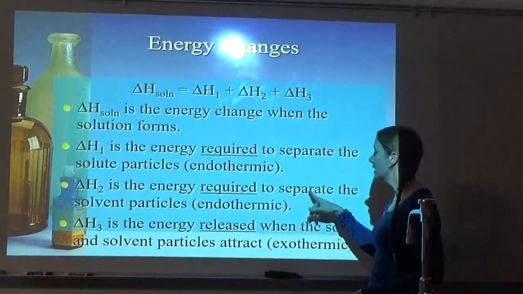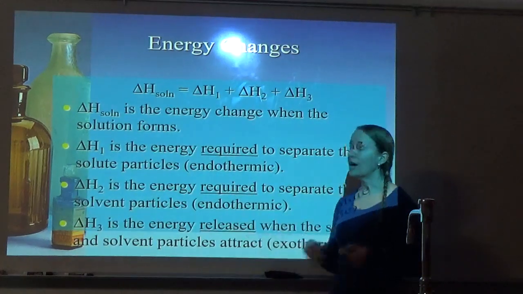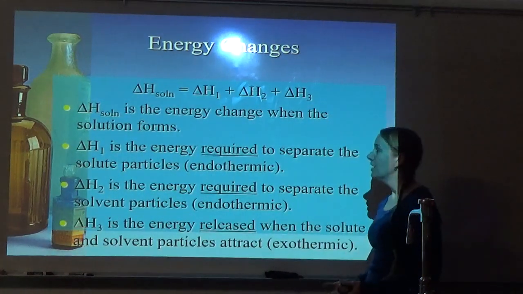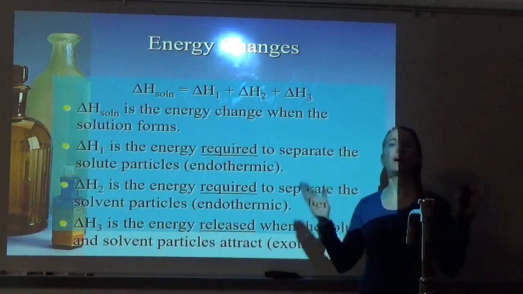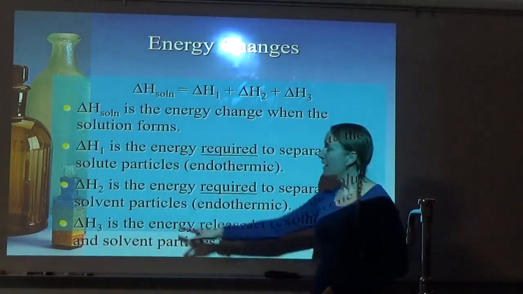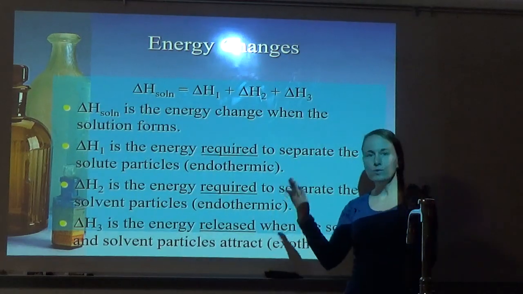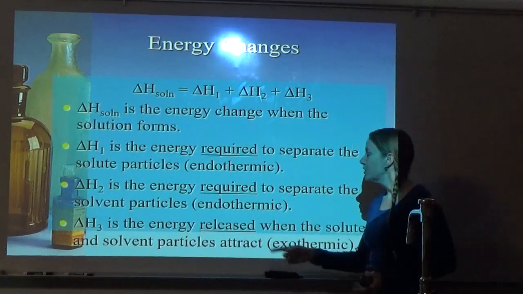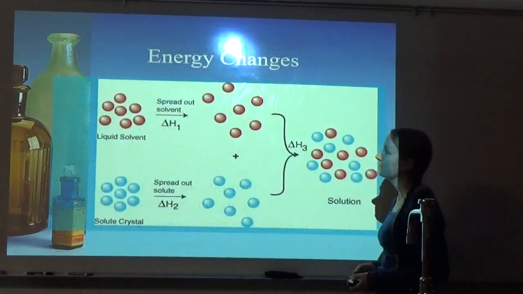Delta H2 is the energy required to separate the solvent particles. Again, since it's required, that's going to be a positive number. If we're talking about the solvent as water, we need to break the hydrogen bonding between the water molecules. And then delta H3 is the energy released when the solute and solvent attract. Because it's released, that's going to be exothermic and have a negative value.